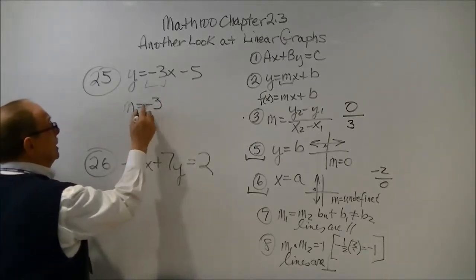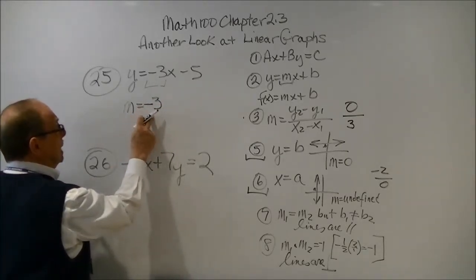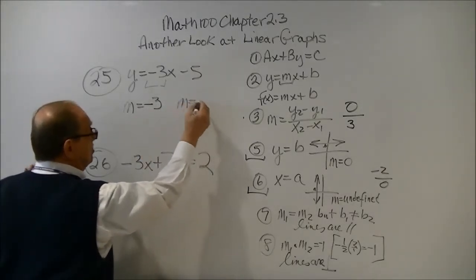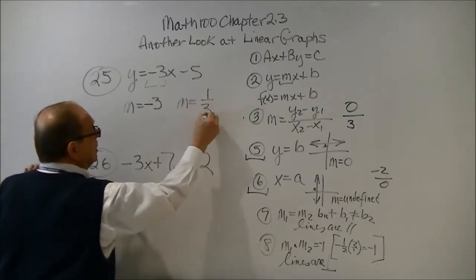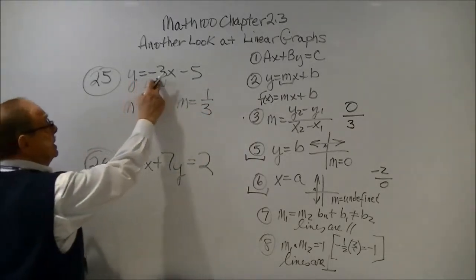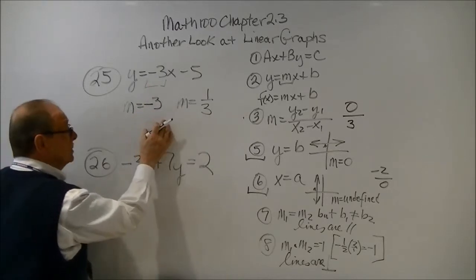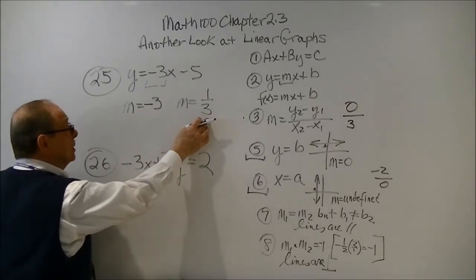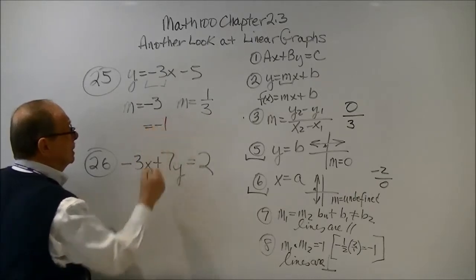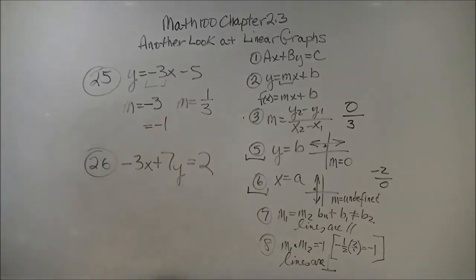So the line that would be perpendicular to that would have a slope that is a positive 1/3. So this one is a -3, its negative reciprocal is 1/3. If we multiply these two numbers together, that would equal a -1.